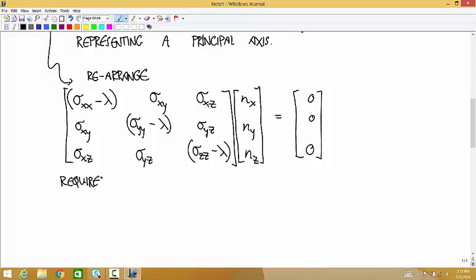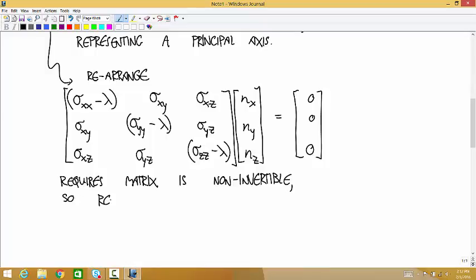This requires that the matrix on the left is non-invertible. And one thing, if a matrix is non-invertible, you know that its determinant has to be equal to 0.